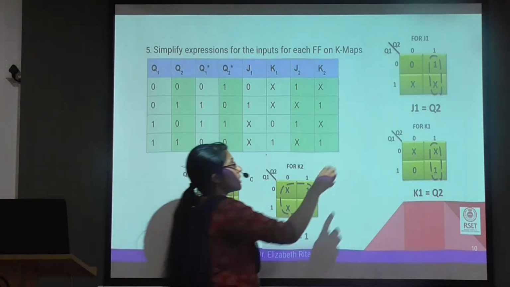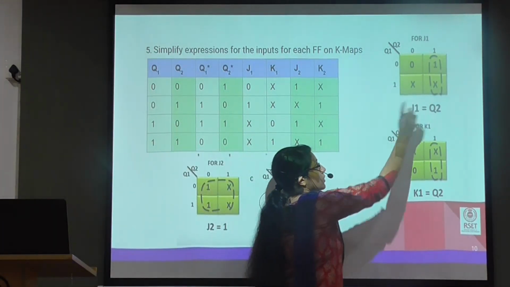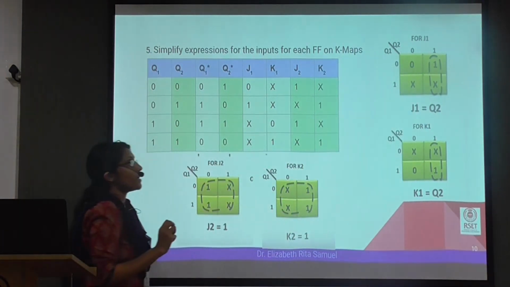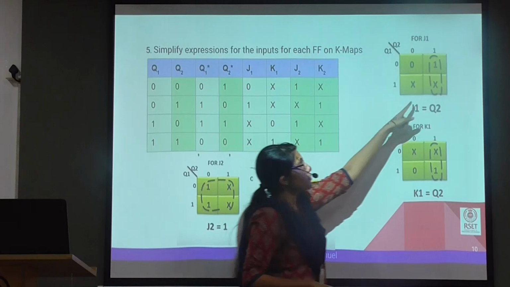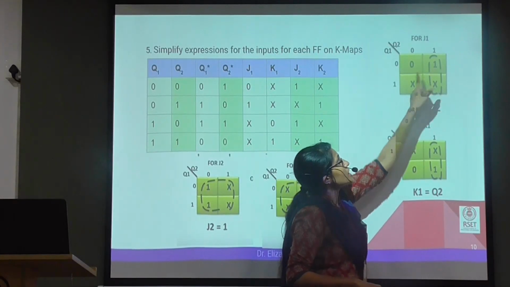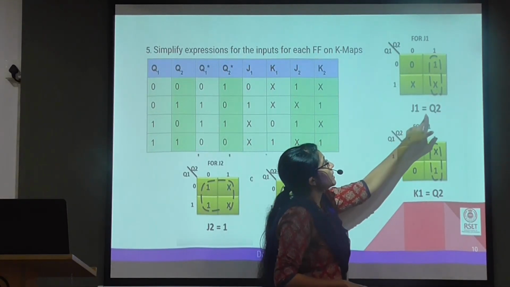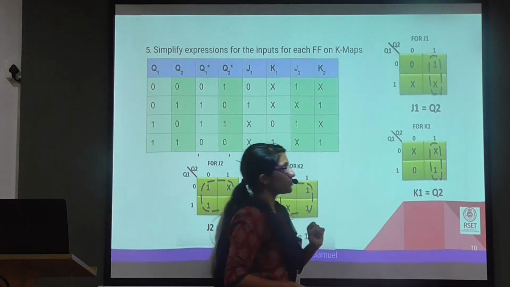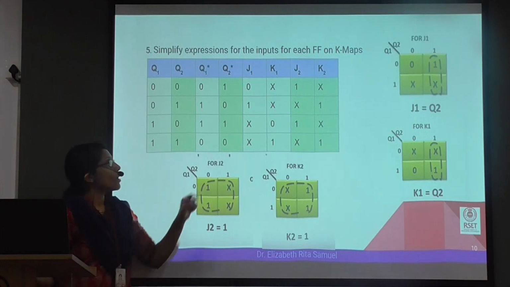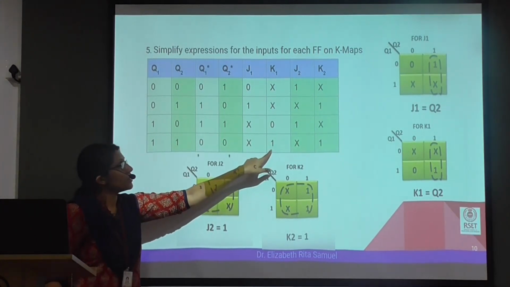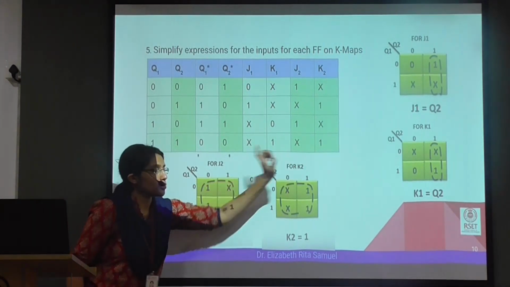So we have 0, 1, don't care, and we know how to obtain simplified expressions from a K-map. We have seen that previously. From this we can obtain a pairing for our 1, and this gives J1 equal to Q2. Similarly, we can obtain the K-map for K1, J2 and K2.